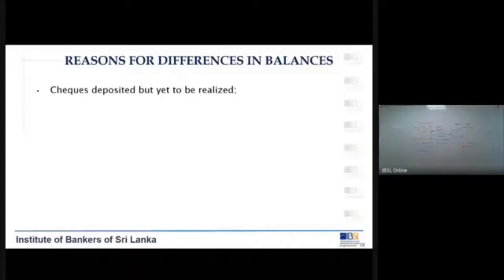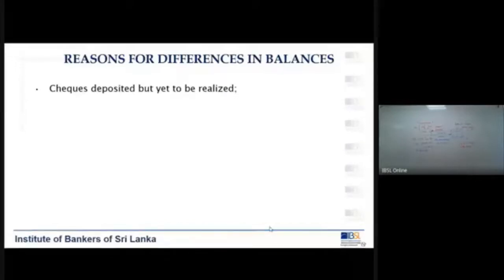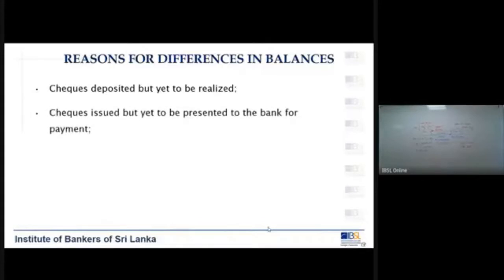You have deposited a check, but the bank will take at least 2 days to tell you whether the amount can now be withdrawn or not. That is a straightforward one. The second one is what we saw now: checks issued but yet to be presented to the bank for payment. That is what we saw just now on the board.